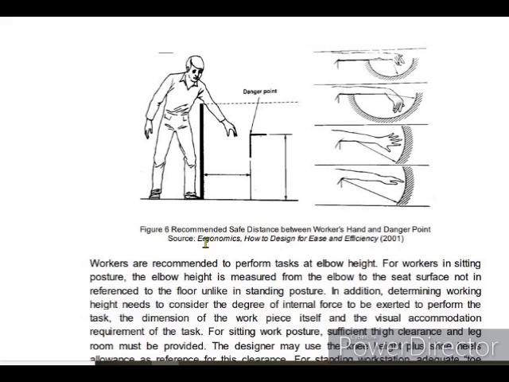This is the recommended safe distance between the worker's hand and the danger point. Look at this illustration, so that the worker's hand won't touch the danger side because of the safety margins. As you notice, this shaded part is the safety margin measurement, so that the parts of the body of the users will avoid the danger point.